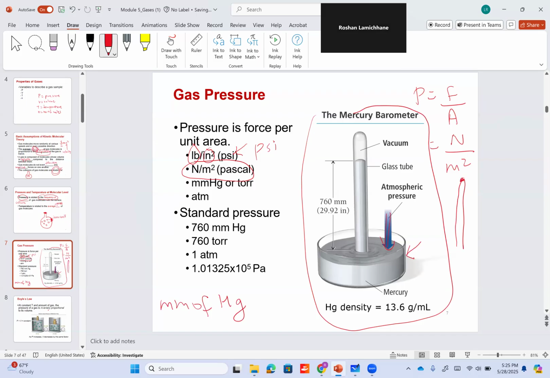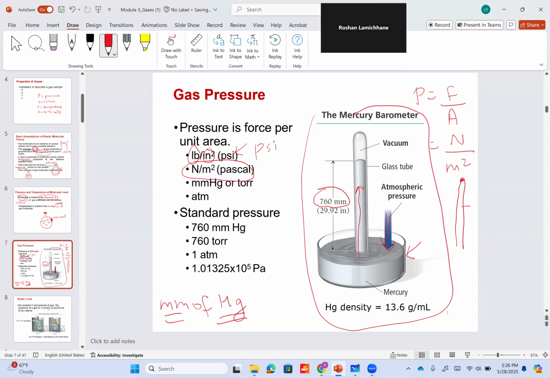So the open end is inserted into this bowl, right? So at the very beginning, this glass tube didn't have anything in it. But as the atmospheric pressure presses on this mercury, the mercury is going to rise. But then after a certain height, it's going to stop. And that height is 760 millimeter. And that's where this unit comes into play, right? Millimeter of mercury.